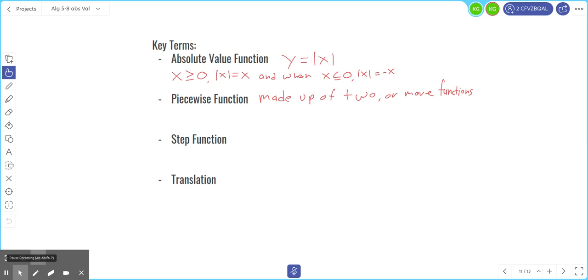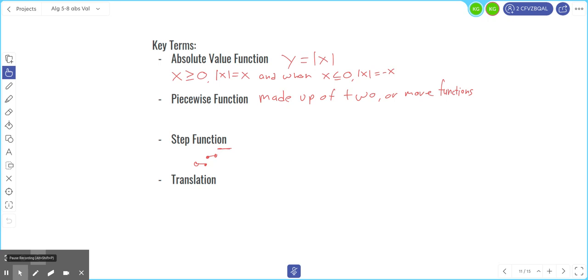Step functions, remember, they go up like steps, and you never know which side is going to have an open dot and which side is going to have a filled in dot.